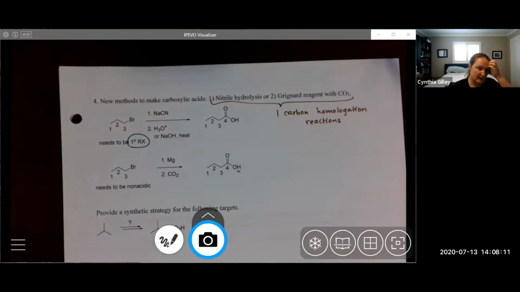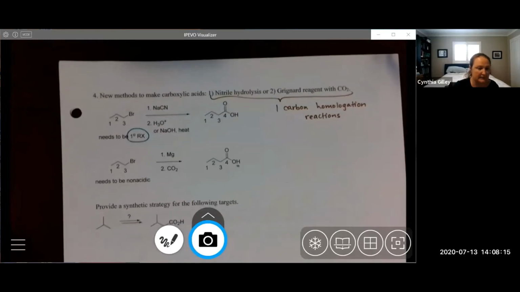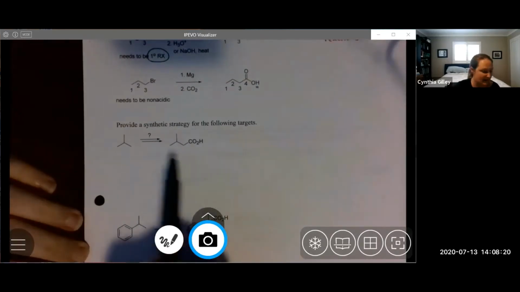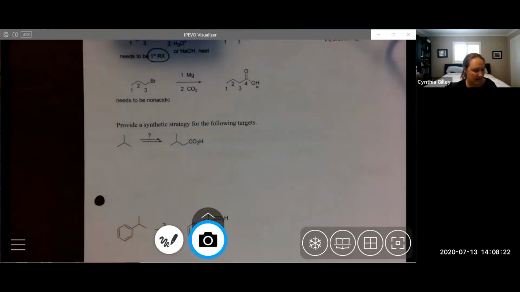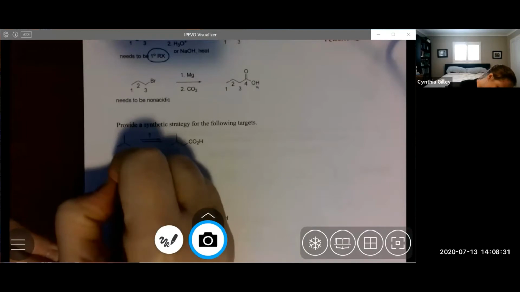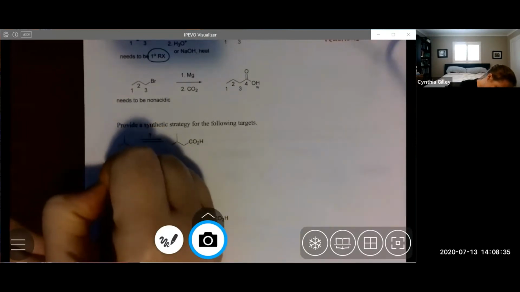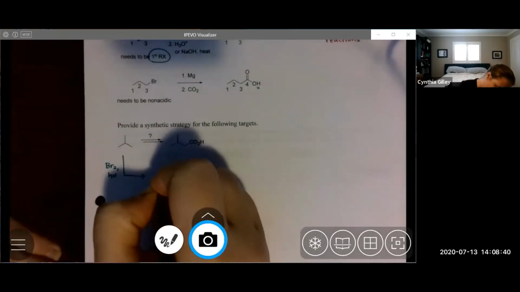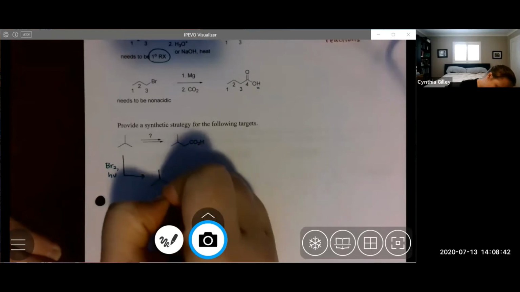Okay, so let's look at how these reactions might be used. So we're going to be making this carboxylic acid, and we'll be starting from an alkane. So remember, whenever you start from an alkane, you need to do a radical halogenation. That's the first step. So the bromine will go into the most substituted position.